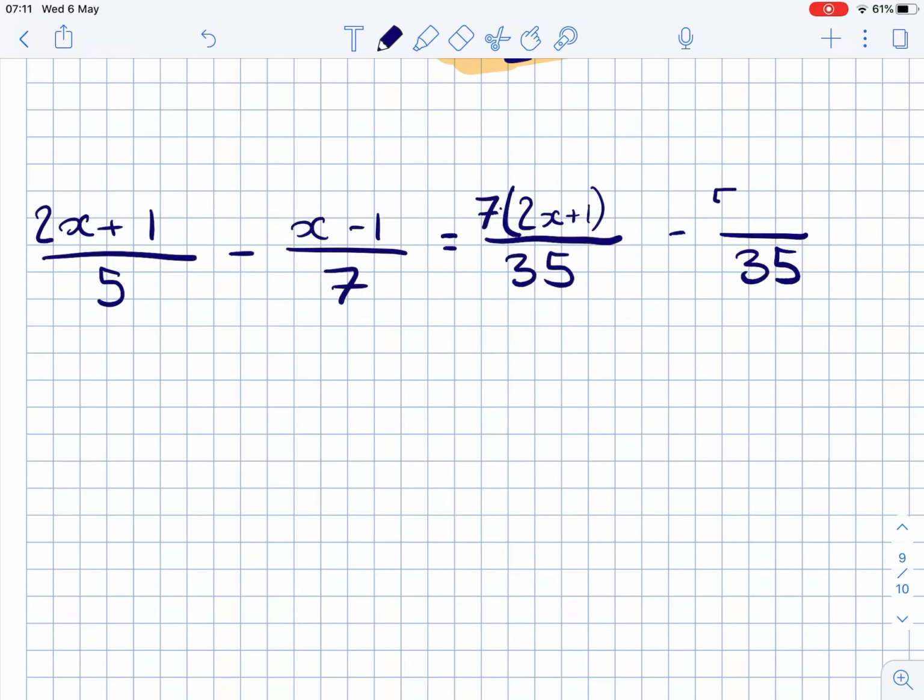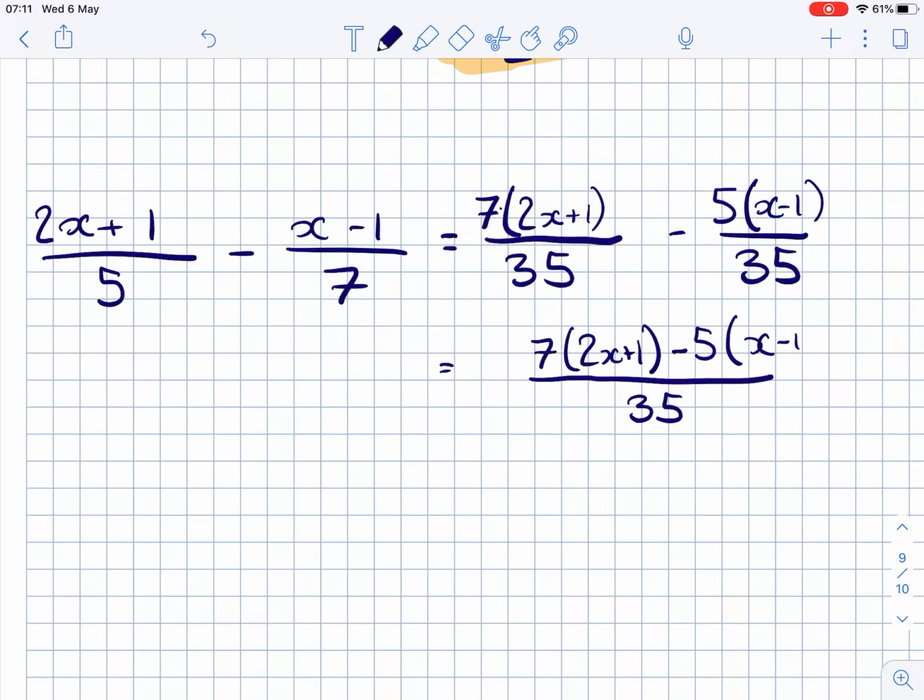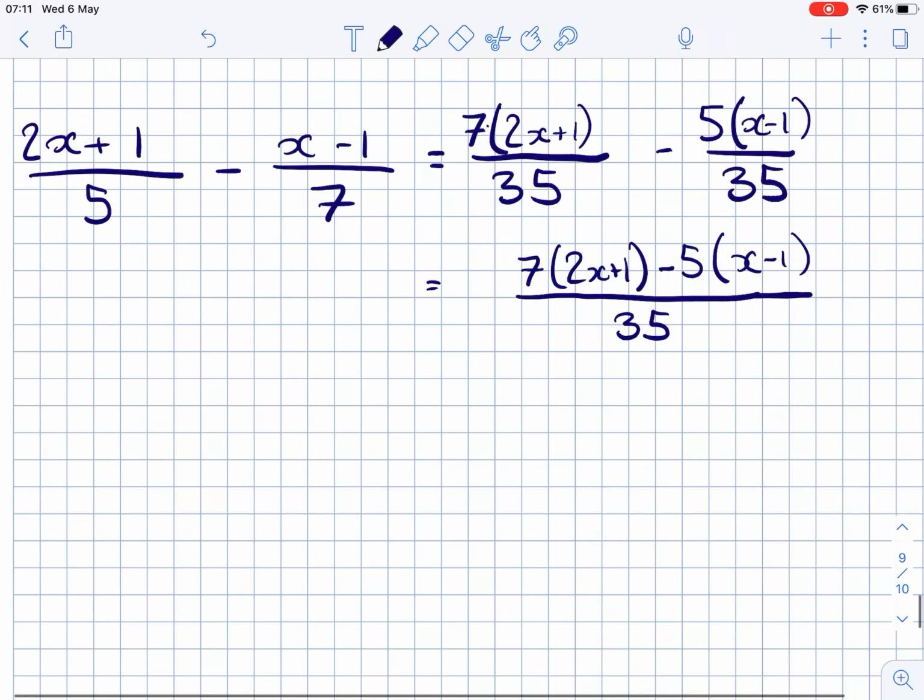Yeah, it would be 5 times x minus 1. Okay, and then I'm going to keep them in their brackets, but now I'm going to combine them into one fraction over 35. So this is 7 times 2x plus 1 minus 5 times x minus 1. Now some of you might be seeing why I've left it in brackets at this stage.